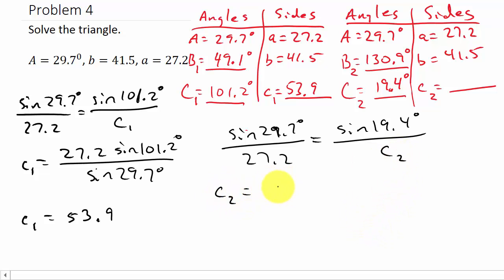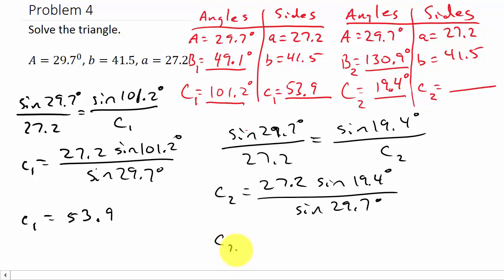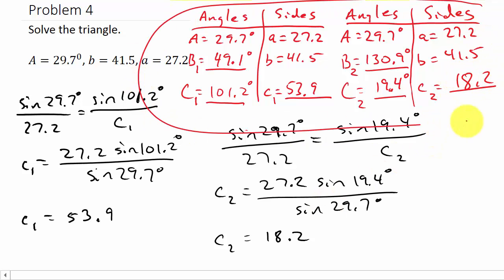So C2 is 27.2 times the sine of 19.4 over the sine of 29.7 degrees. Punching this into my calculator, I get C2 is 18.2. And there's my two triangles.